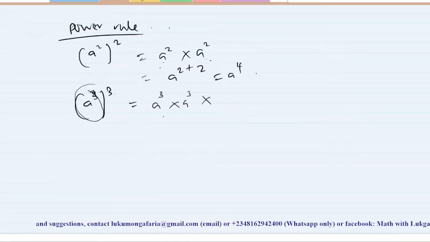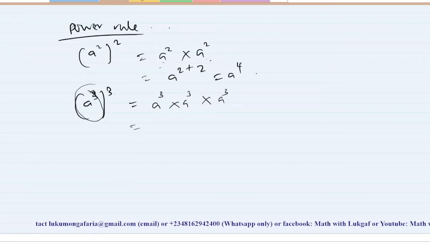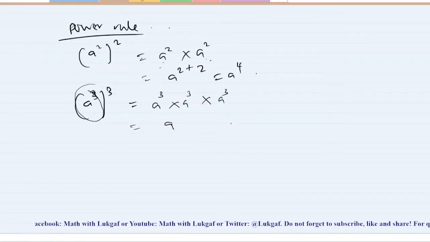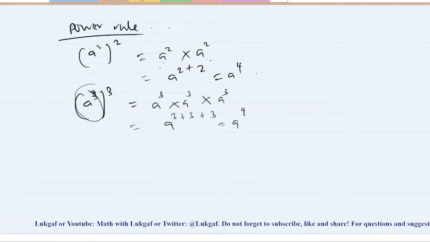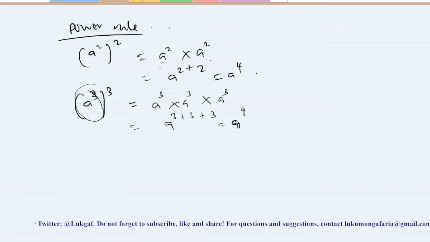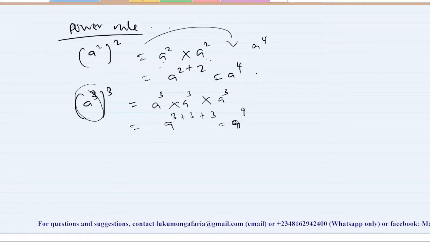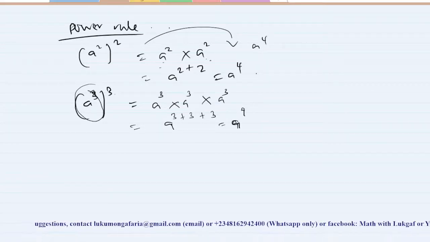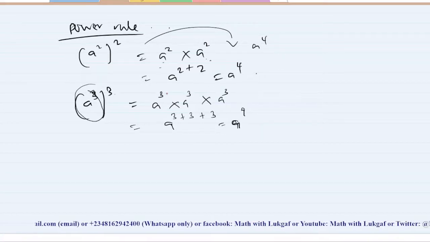If you apply your multiplication rule, since we are multiplying, you add the indices together. That's 3 plus 3 plus 3, so that's a raised power 9. What do you observe? When I have a raised power 2, everything squared, at the end of the day, I have a raised power 4. Likewise, when I have a raised power 3, everything raised power 3, I have a raised power 9 as my result.